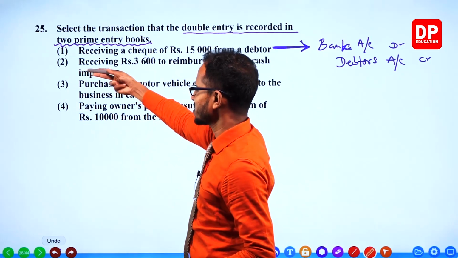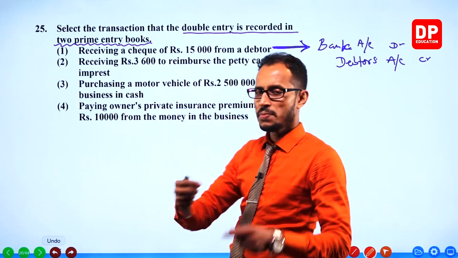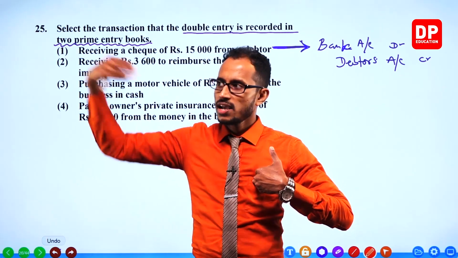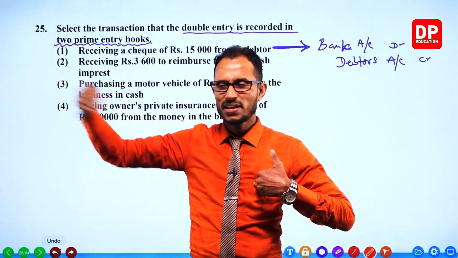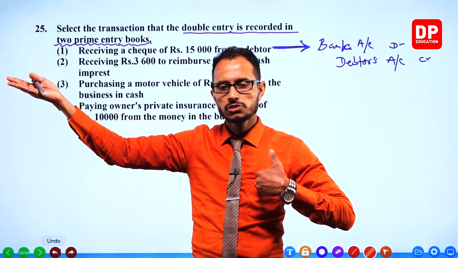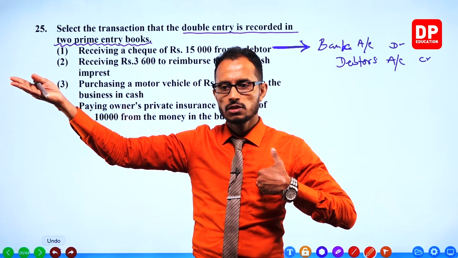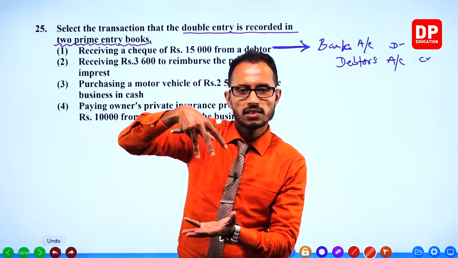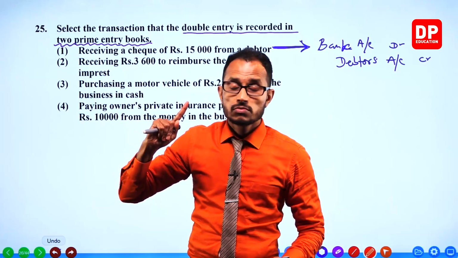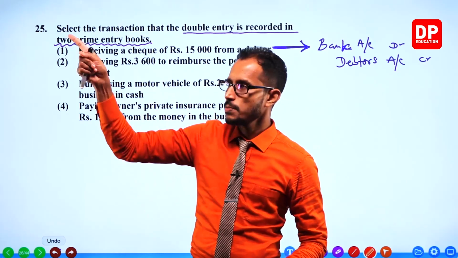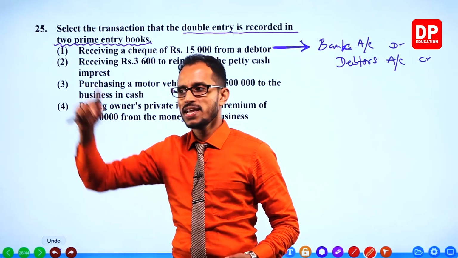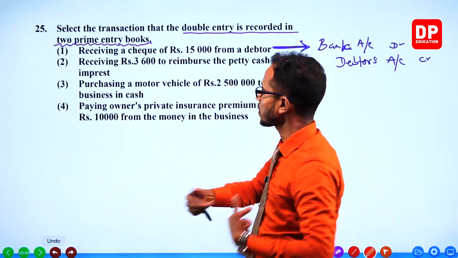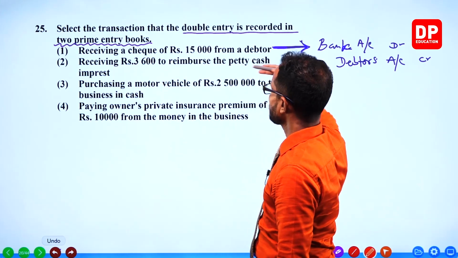So in this transaction, receiving 3,600 from the main cashier. If I am the petty cashier, I should take the money to restore my petty cash float. I should take the cash from the main cashier. So the main cashier gives 3,600 to the petty cashier, that's me, to reimburse the petty cash imprest.